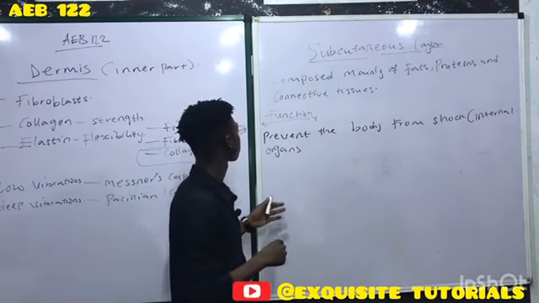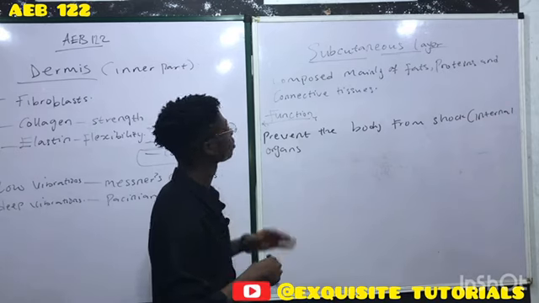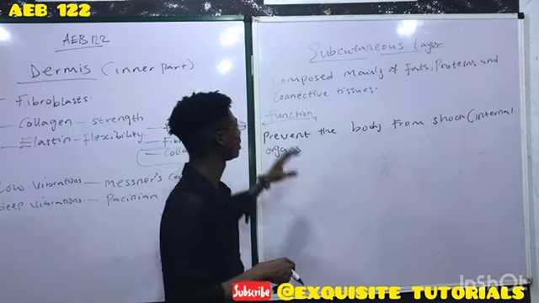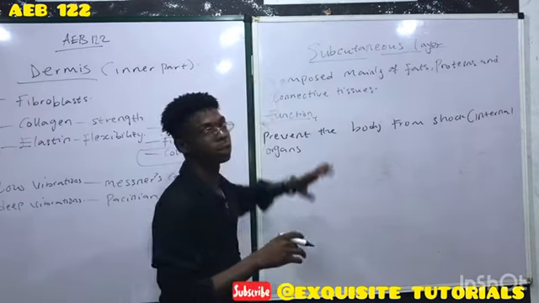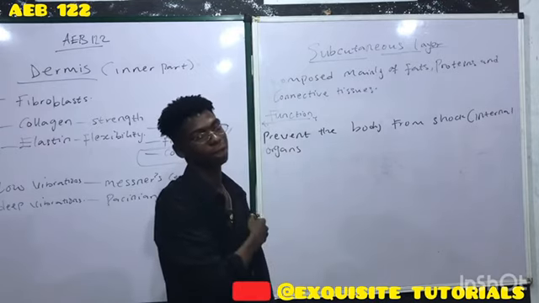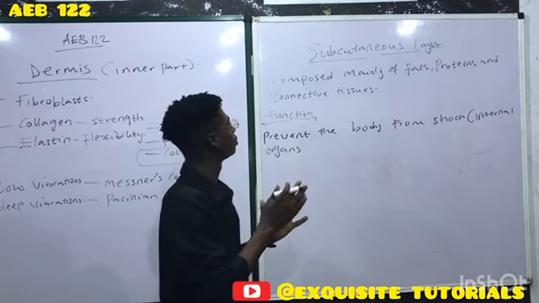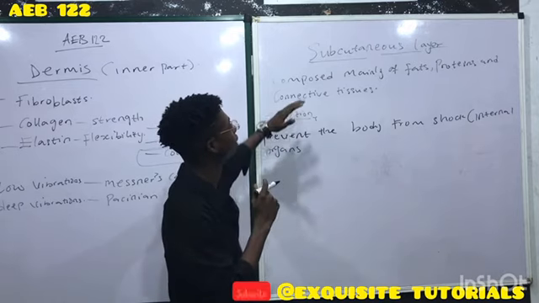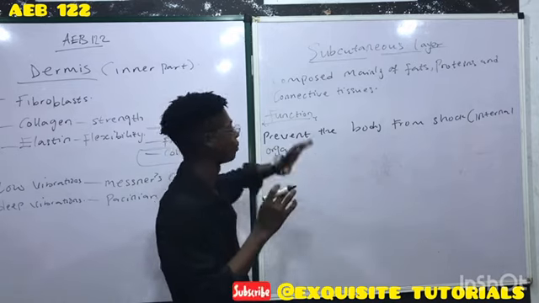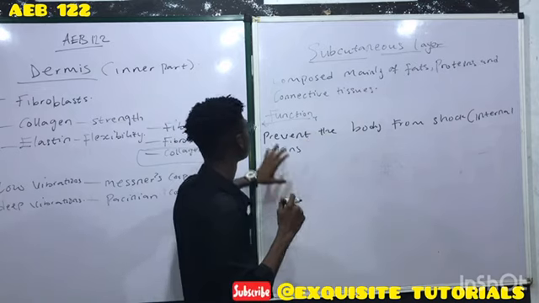Aside from that, the subcutaneous layer is the last layer between the muscles, the bone, and the skin. It is like the bridge between the muscles and the other layers of the skin. It's the last layer before the skin. So take note of this.